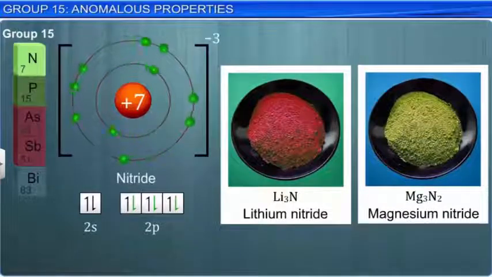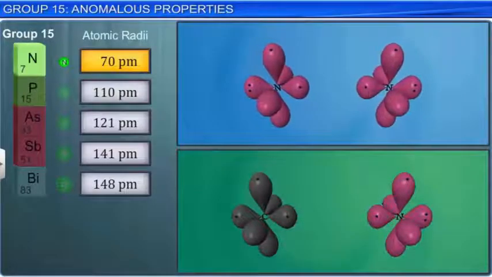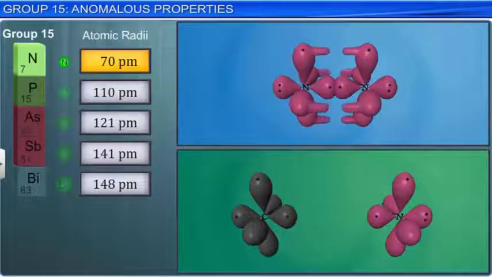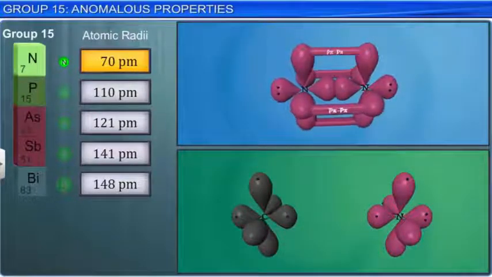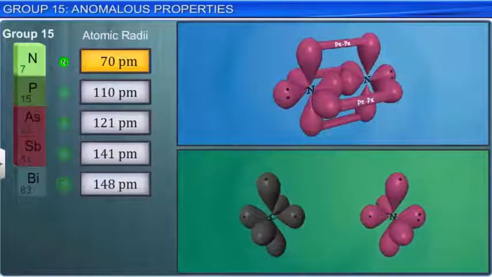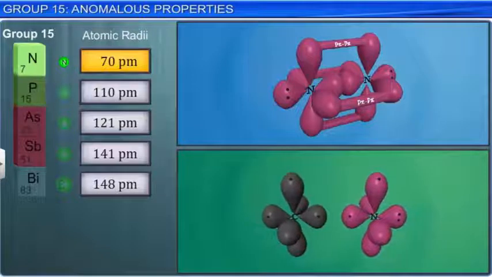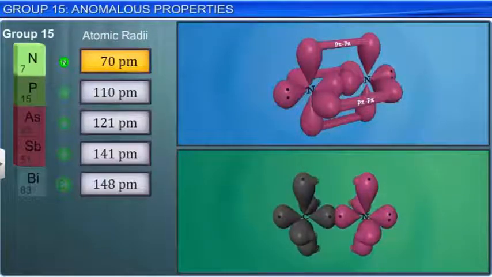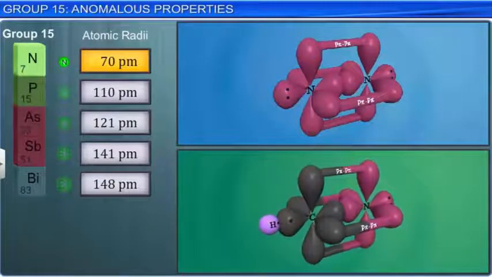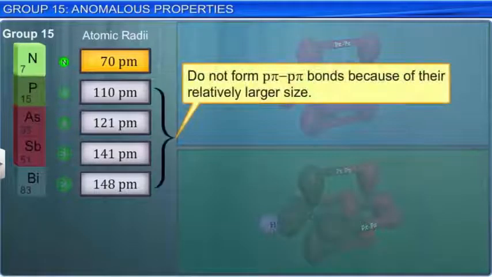Nitrogen, being smaller in size, can effectively form p-pi bonds with other atoms of itself and atoms of other elements with a small size and high electronegativity, such as oxygen and carbon. The other elements do not form p-pi bonds because of their relatively larger size.